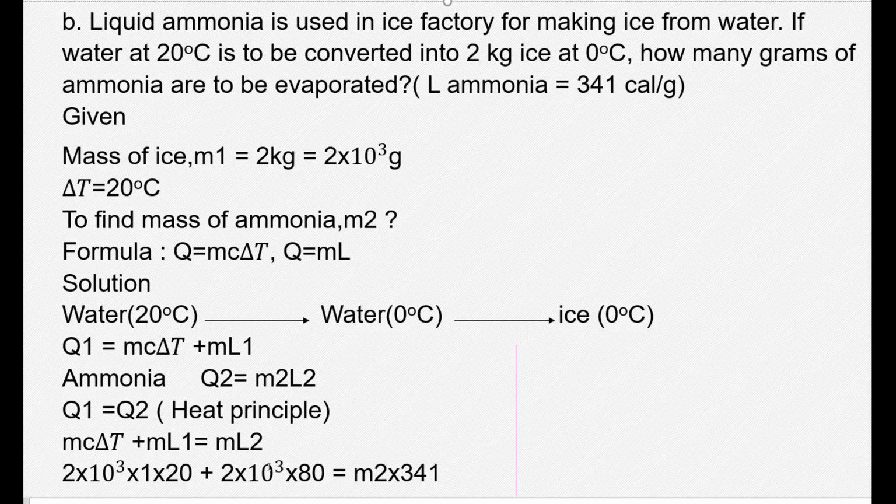So here we can write 40 plus 160. 10 raised to 3 is common in both, so we will write 10 raised to 3 outside the bracket. 40 plus 160 is 200, into 10 raised to 3, is equal to 341 M2.